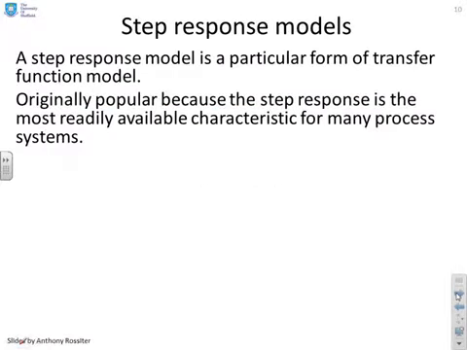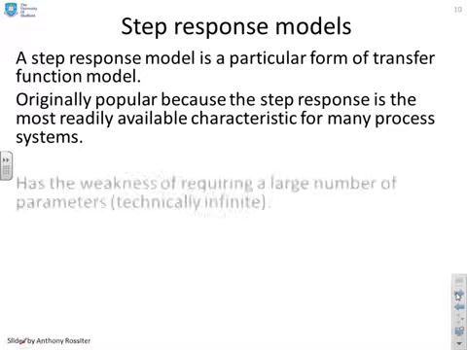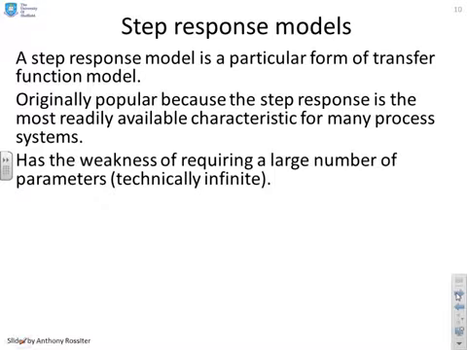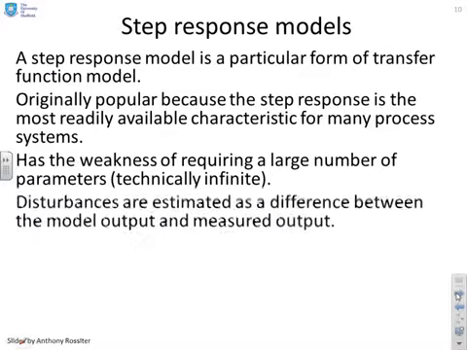Step response models. Now, within industry itself, step response models have become quite popular and were used at the outset because they were relatively easy to identify. The weakness of them is they require a large number of parameters. So that's a bit of a pain.